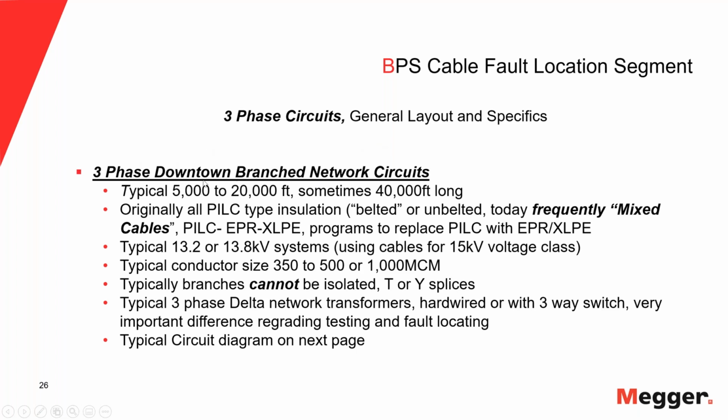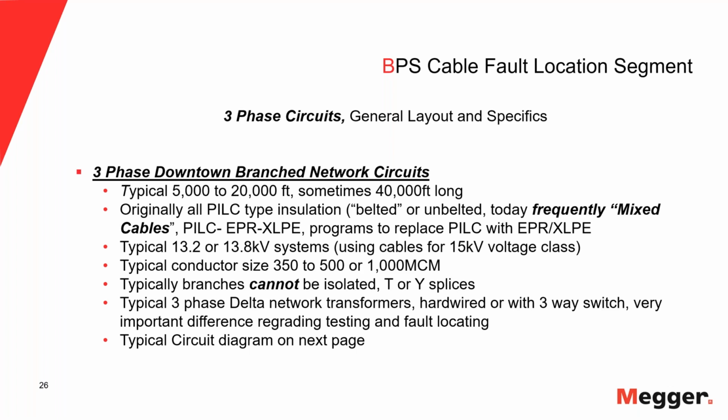And originally, these downtown systems are the oldest systems. They are much older than any URD system, because they go back to the end of the 19th or early 20th century, right? So they are really old systems, and because of that, they many times still have paper cable in them. When you have paper cables, Marshall already mentioned, there are two types, belted and unbelted.